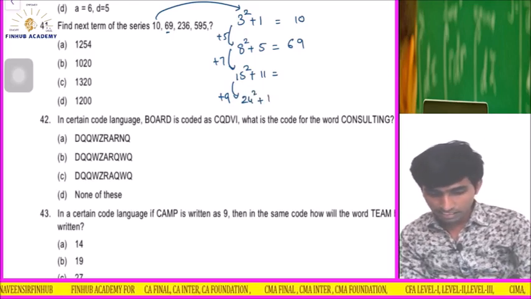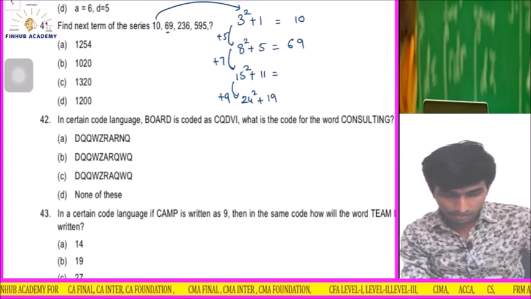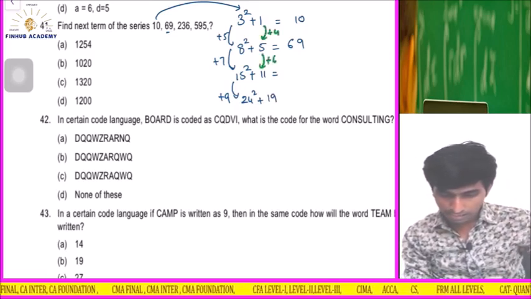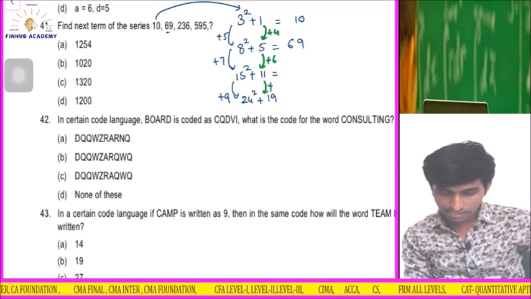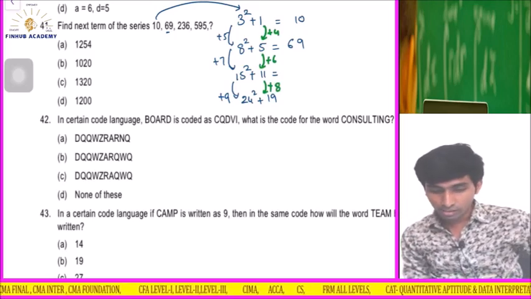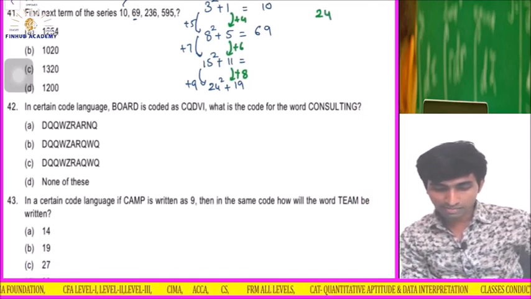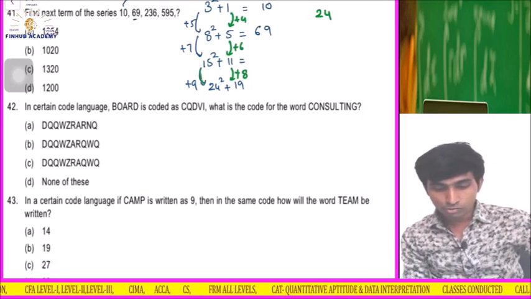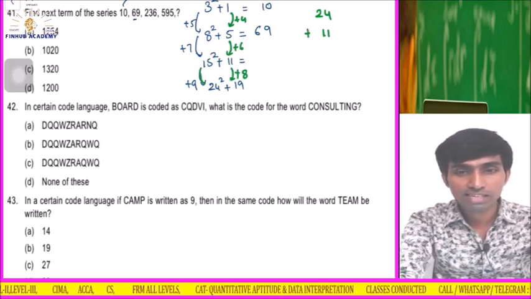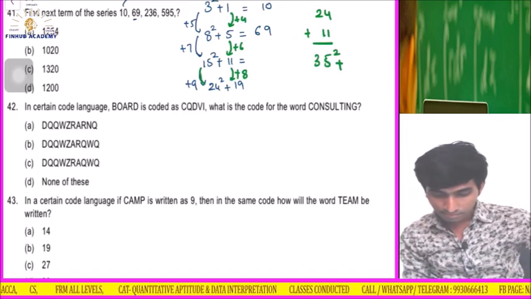The gaps are plus 4, plus 6, plus 8. So 4, 6, 8: next, in 24 I will add 11, so 24 plus 11 is 35, and take the square.